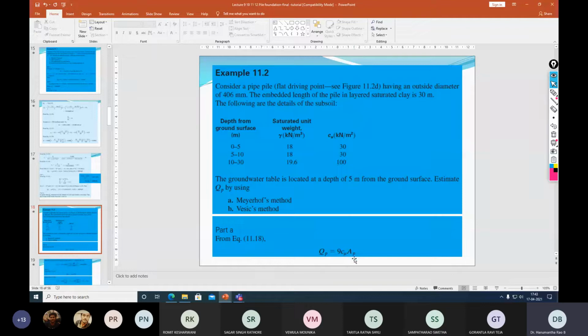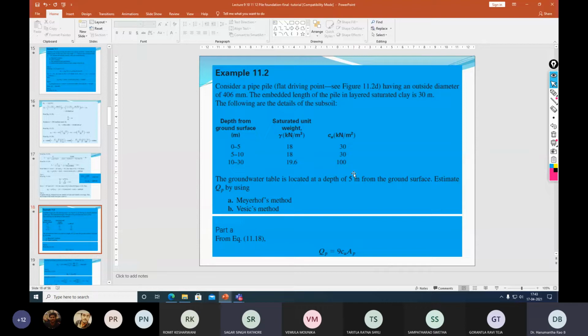Now one important aspect of Cu is: among the three given Cu values, which value shall be picked up? Anyone can throw me a small light? 100, sir. 100, correct. Why? Because, sir, it is on the tip of the pile.